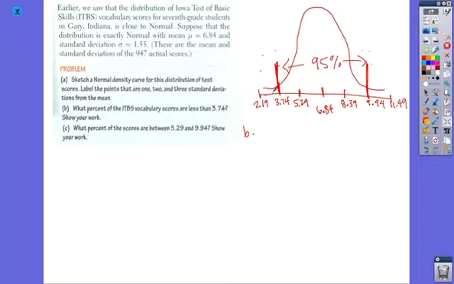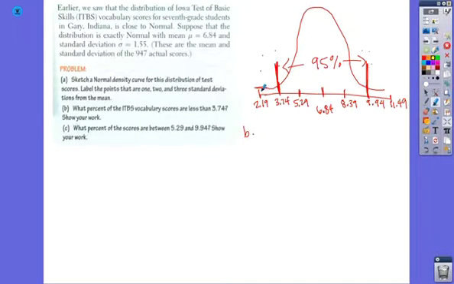So what that means is, because underneath the whole curve would represent 100%, that would mean that there would be 5% that was left unaccounted for. So that 5% would represent the rest of this under the curve right here.